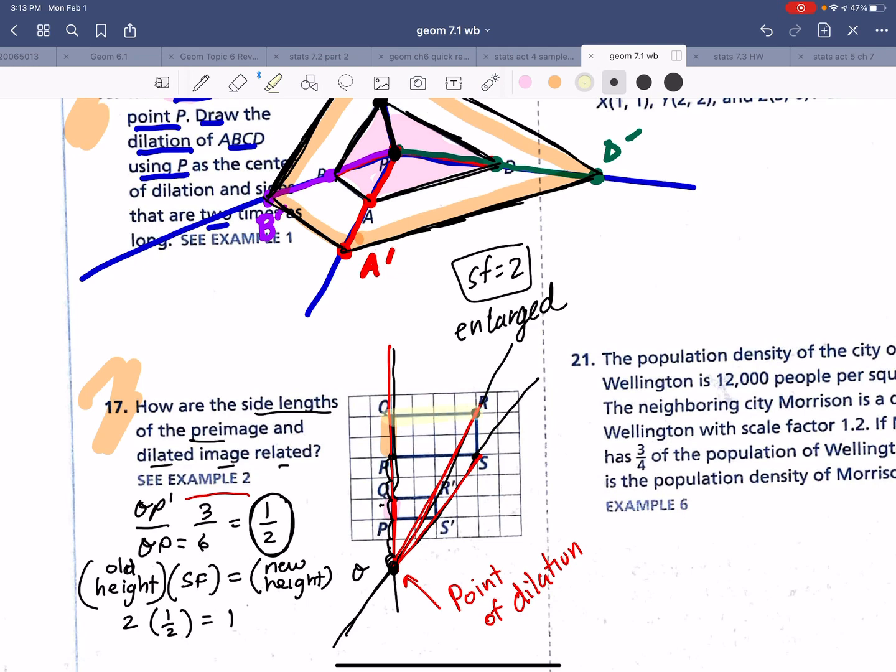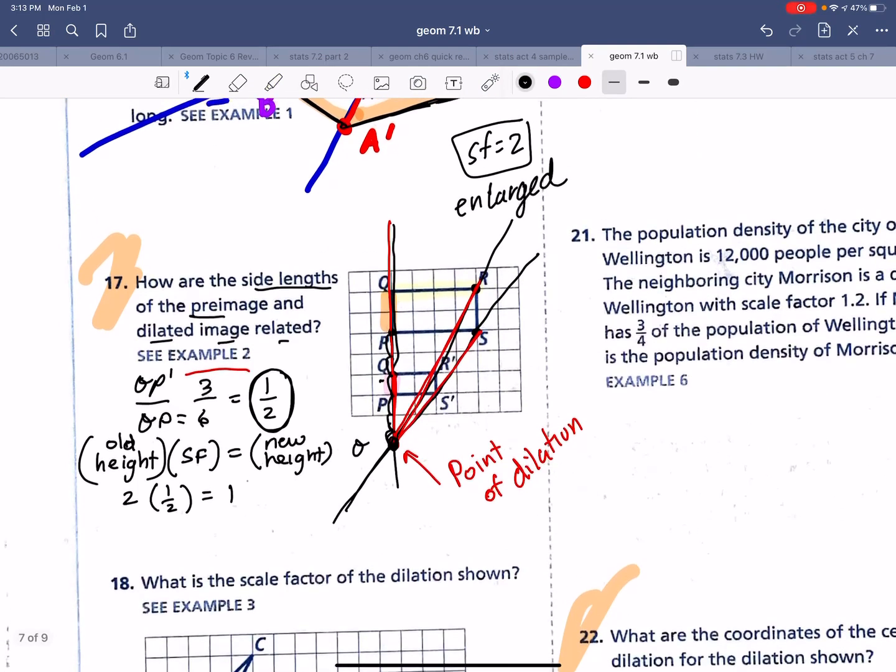So my old width of 4 times my scale factor is equal to my new width. And that's exactly what we have here. My old width of 4 times my scale factor is equal to 2, my new width. So that's how the side lengths of the pre-image and the dilated image are related. There's a scale factor of 1/2.